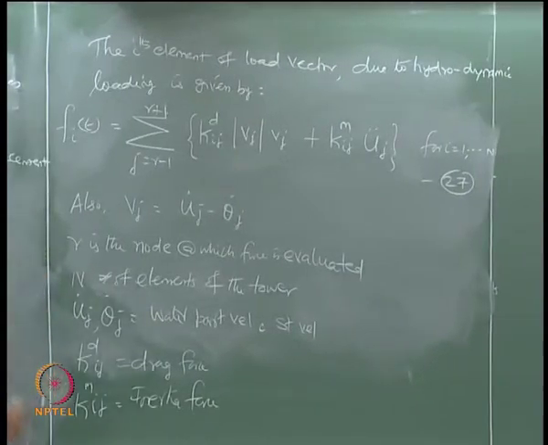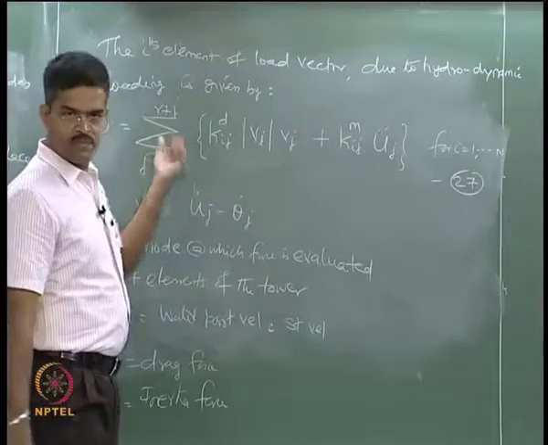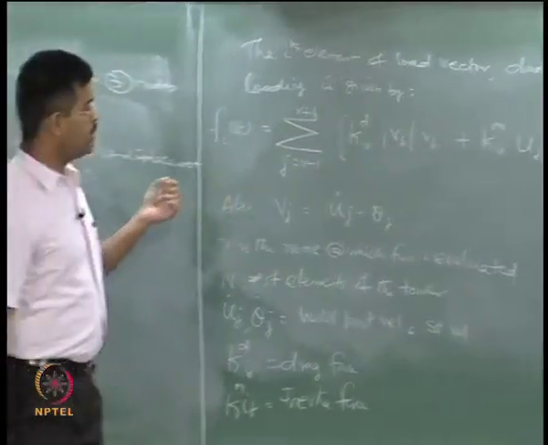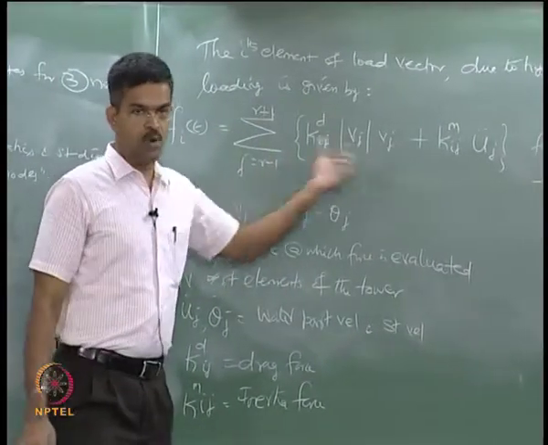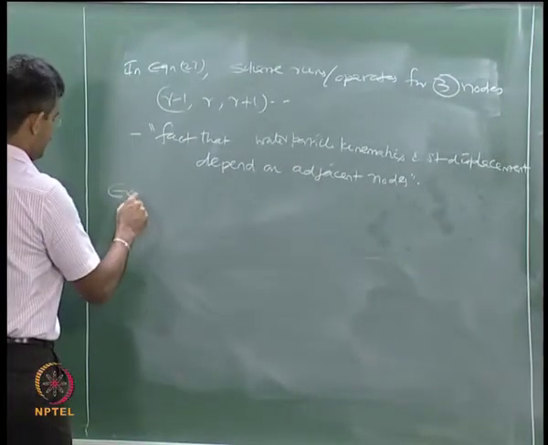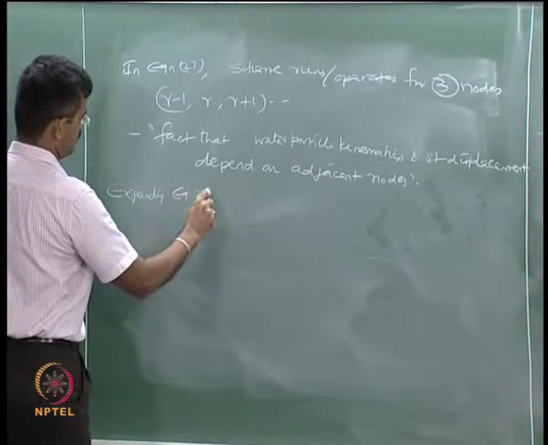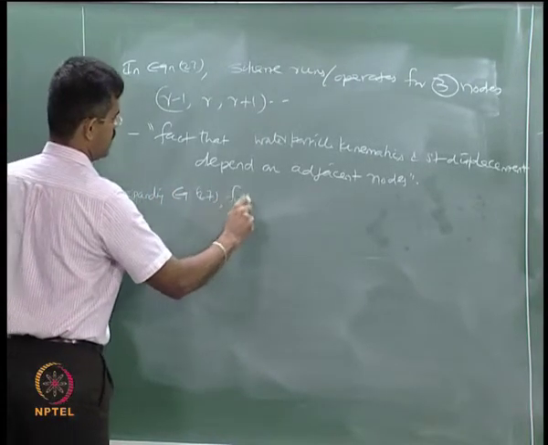Okay, let us expand this Fi of t slightly in a different manner, because this takes care of the different nodes, we already saw that. I want to implement this into the body itself, so I will rewrite it again, expanding equation 27 further.